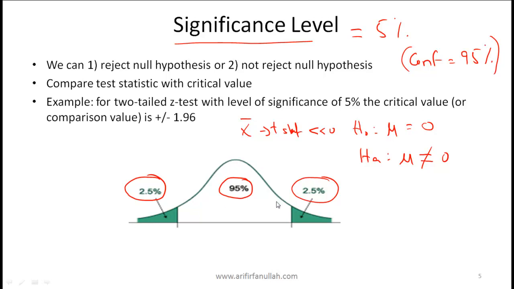So in any case, given a 5% level of significance, you have 2.5 here and 2.5 here.